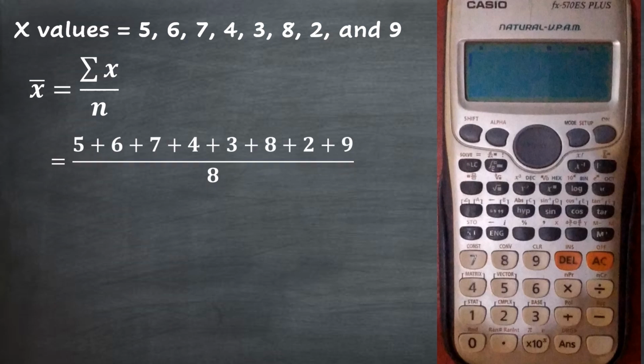Substituting the values in our formula, we will have 5 plus 6 plus 7 plus 4 plus 3 plus 8 plus 2 plus 9 all over 8, since we have 8 x values.